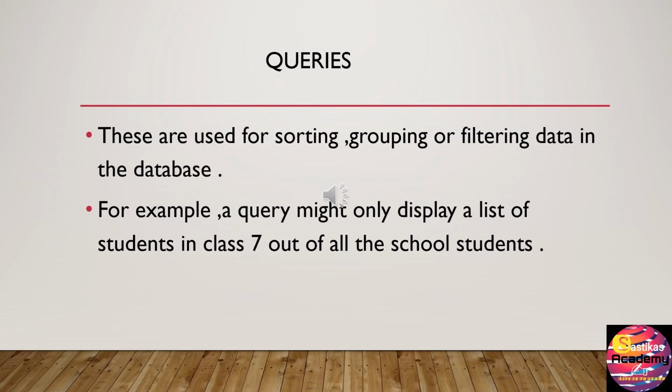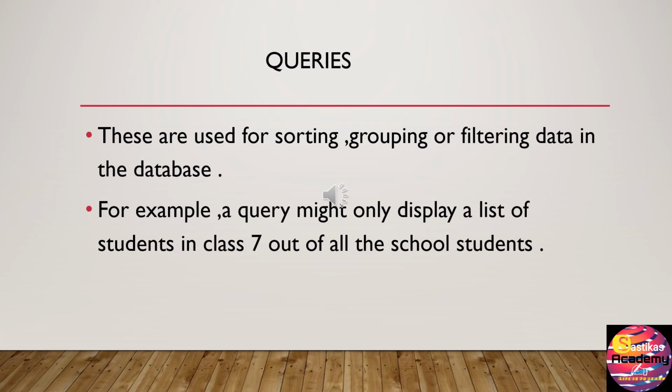The next object is queries. Queries are used for sorting, grouping, or filtering data in the tables. If you are making a large table in a database and you want some information, not all the information, this query helps with sorting particular information, grouping, or filtering. If you come across SQL, there is a query you can use: select star from the table name where the field name is like this.